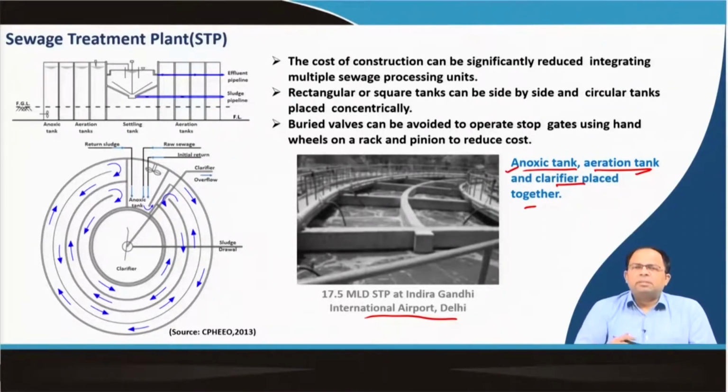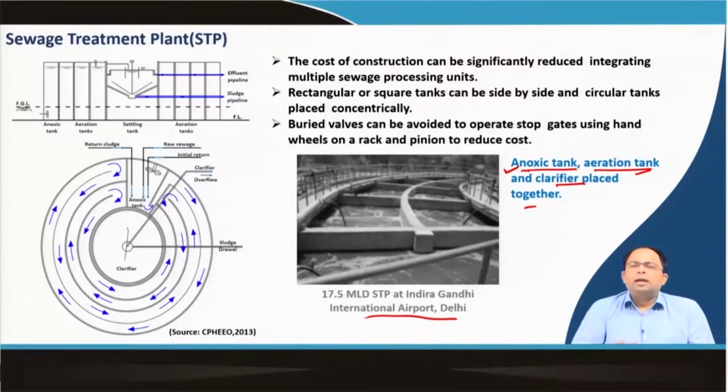Anoxic tank, this is where, in the absence of oxygen, nitrification happens, right? So that means this is a certain process which happens in the absence of oxygen, and this is where the ammonia is also acted upon, right? So all these processes are actually combined together in one plant. So we can have several techniques combined by designing a plant which is a combination of all these techniques.